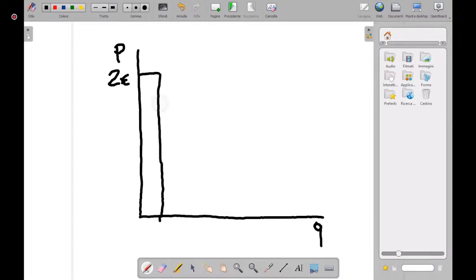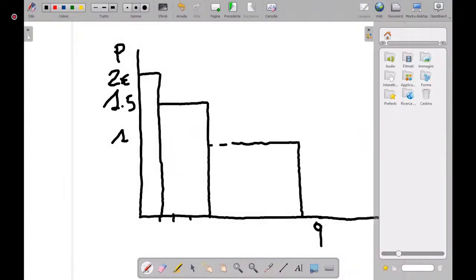Then some others of you will have a willingness to pay equal to 1.5, for example 3 units at 1.5, then others with an offer of 1, others with an offer of 0.7, and so on. What is this?